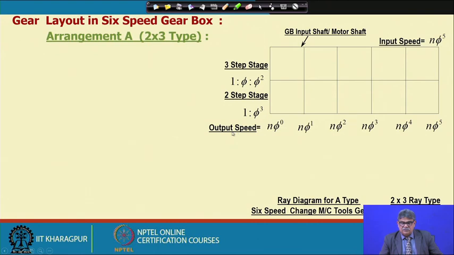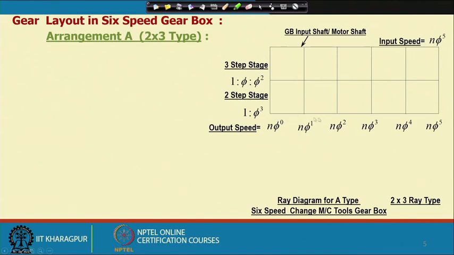The speeds we would like to get start from n phi to the power 5, the speed of the motor, then it is slightly reduced, then further reduced, and ultimately in 6 steps we will get the minimum speed, n phi to the power 0, that is n 1. This means that either the motor speed or the speed of this shaft will be mentioned, as well as the minimum speed, and then we have to design this gearbox, we have to show this ray diagram.